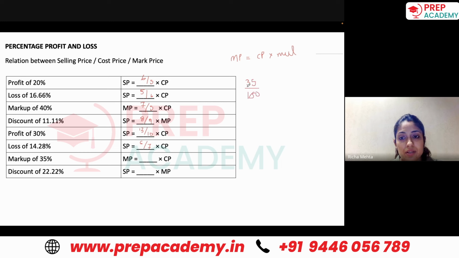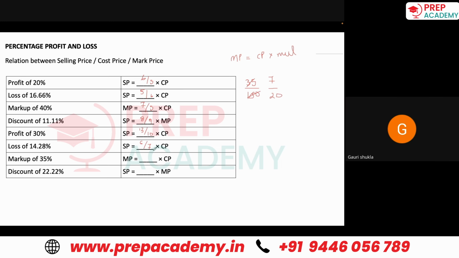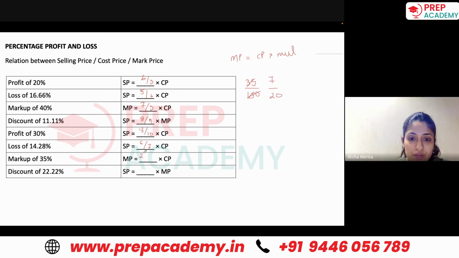Divide by 100. Yes. So basically 35 percentage is nothing but 7 by 20 in fraction format. So now if the markup is of 35%, what will be the multiplier? 27/20. Right. So first you will have to find the fraction in this case and then the multiplier.